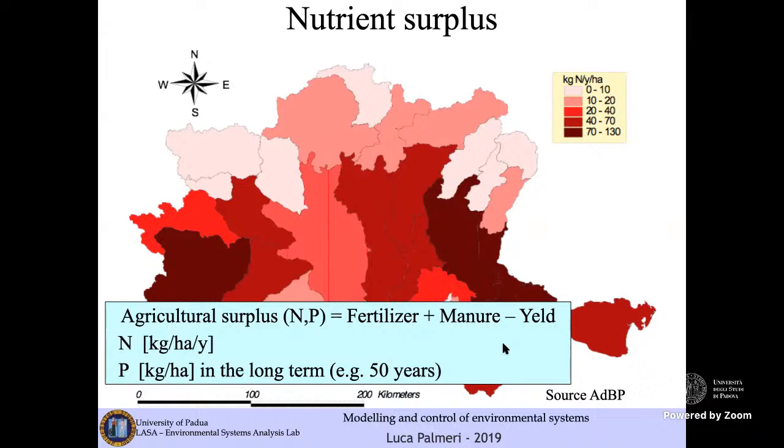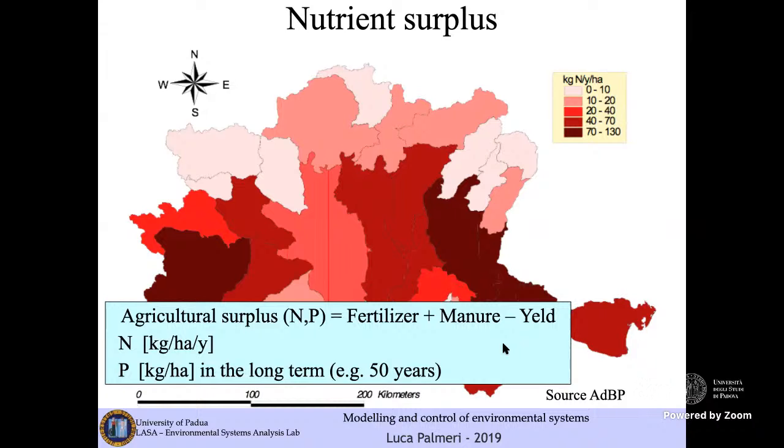This information is not always available, especially because farmers do not like to distribute it. In Europe we have the so-called CAP, Common Agricultural Practice, a set of laws that forces farmers to limit the use of fertilizer and manure on agricultural land.